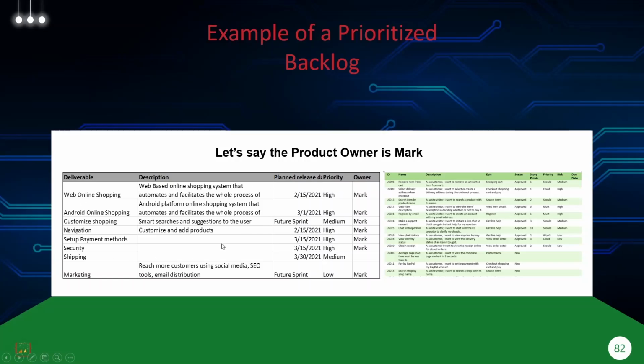And for every deliverable here, I've put the planned release date. This marketing is in a future sprint. I have a priority here, and I have an owner here. In this case, the product owner is Mark, so he's the owner. And this is the same view which you can get in an ALM tool, Application Lifecycle Management tool.